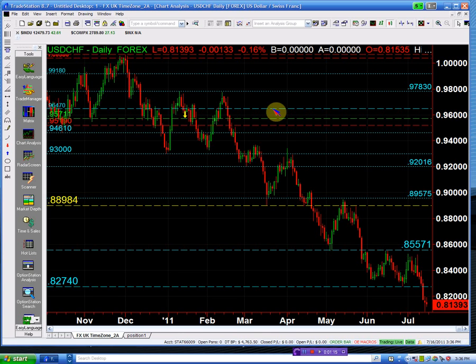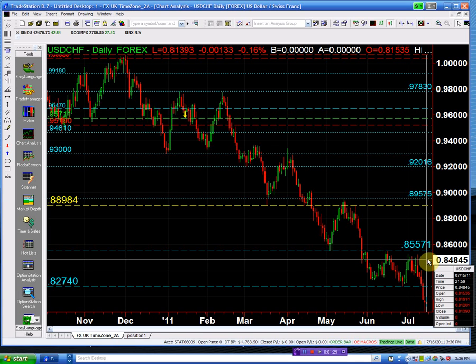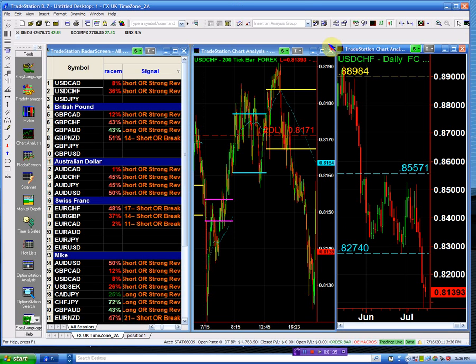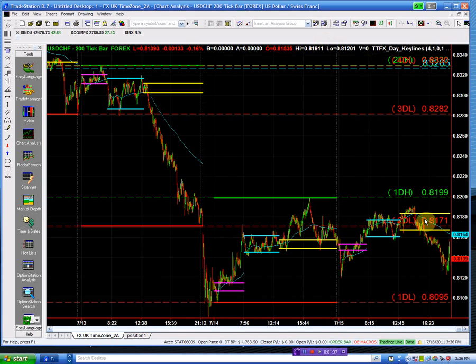If it gets above the 82.74, this was going to be our significant point to the upside, and we're going to take it short. This is a very narrow 81.20. This is a very nice setup, guys.